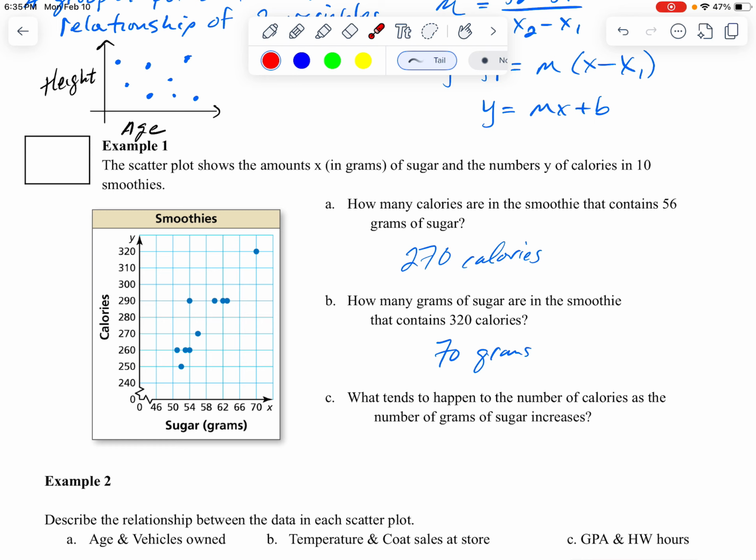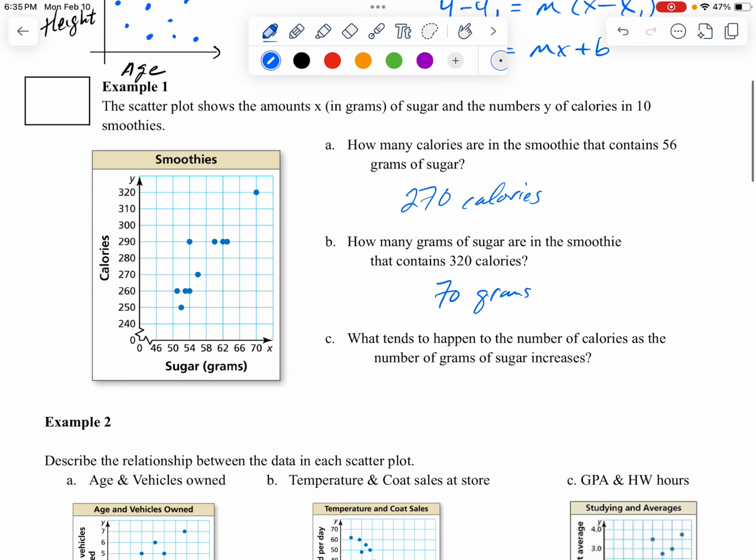This is where we might want to think about the trend of the data in general. They're going in this direction if we're thinking about a line that would best fit this data. And since this line is going up and to the right, that tells us as the sugar increases, the calories are also increasing.